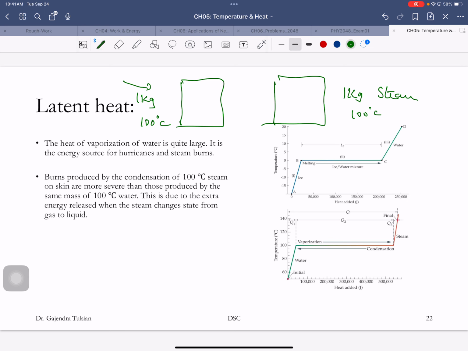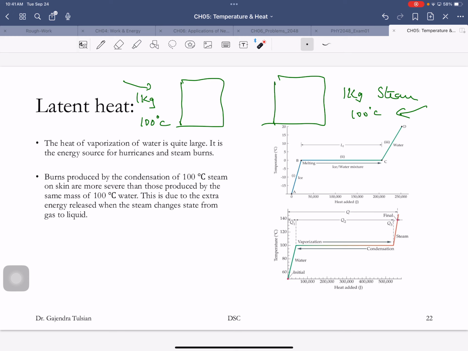The first one is 1 kg of hot water at 100 degrees Celsius, or this is 1 kg of steam sprayed on you at 100 degrees Celsius. They're both at the same temperature. I'm gonna go with the steam's worse. Steam is worse. That's the correct answer. Why is the steam worse?